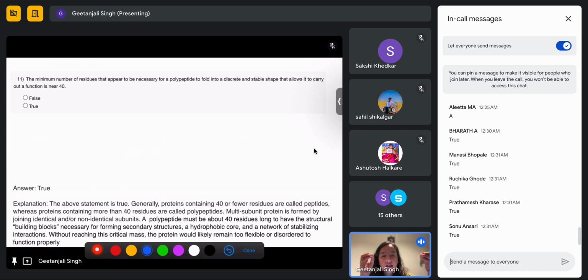There were a few exceptions called mini proteins that were able to fold, but in general, based on a PNAS study, it has been confirmed that you actually need around 40 residues for a polypeptide to fold and make a stable shape.